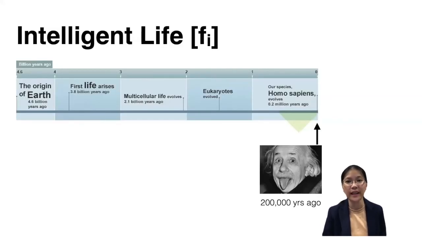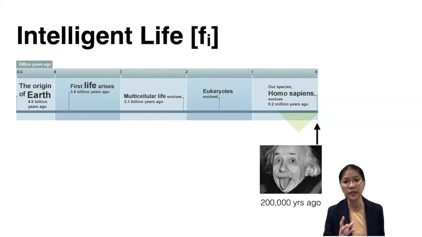So now we go to the next factor, F sub I, and that is the probability that if a planet develops life, it will also develop intelligent life. So on Earth, we know that this happened, and this happened, as far as we know, only once.